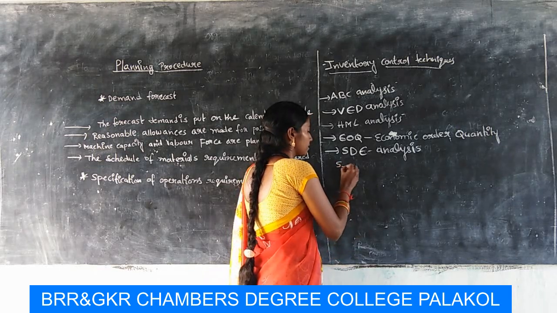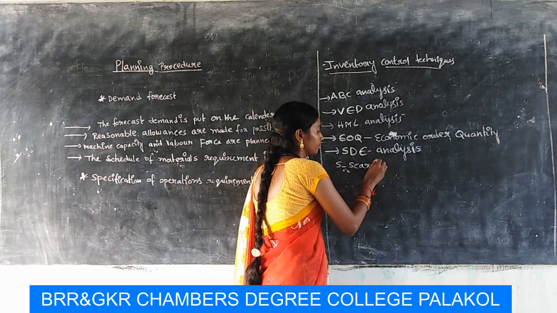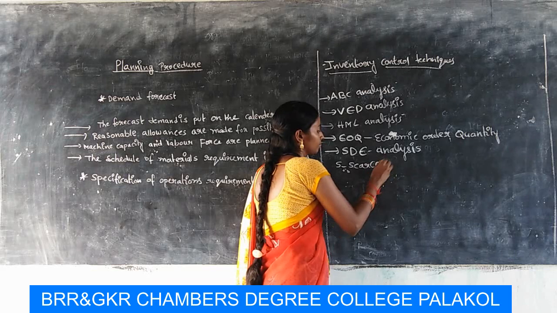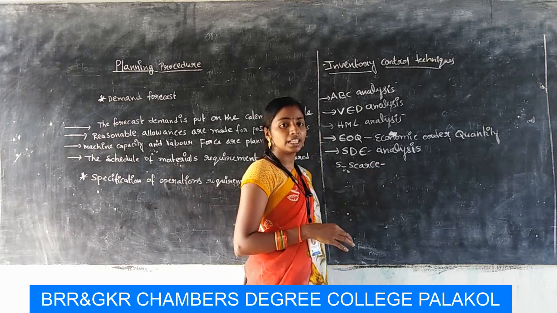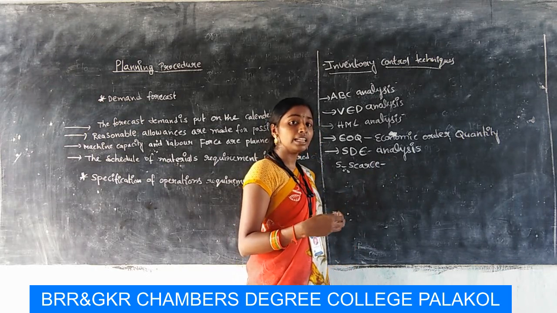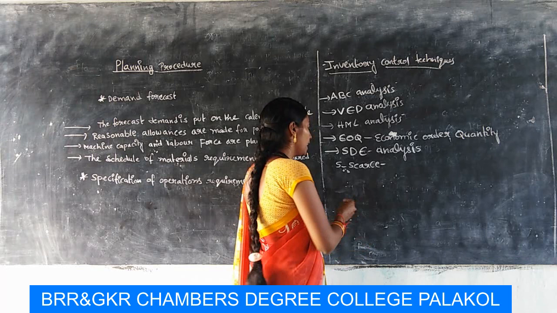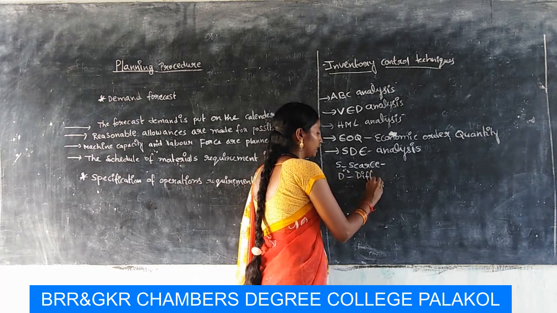S stands for scarce. Here the raw materials or the inventory is imported from another country, which requires high lead time. And next one, D stands for difficult.